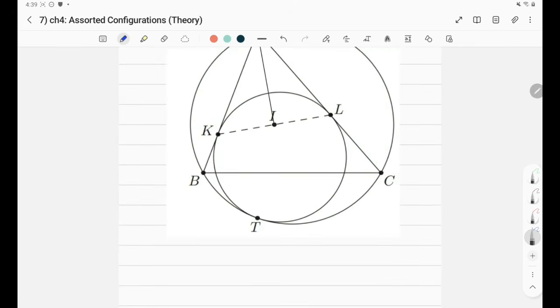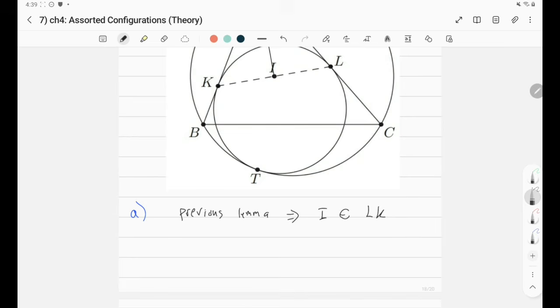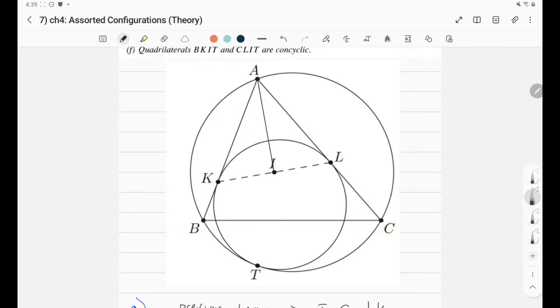The previous lemma tells us that I lies on LK, and now we know that AL equals AK, hence AI is a median, and that's it. That finishes it.